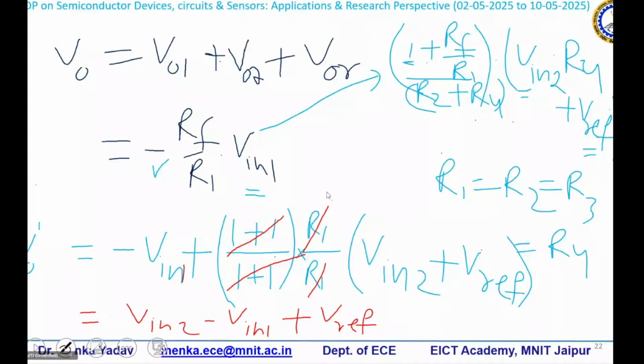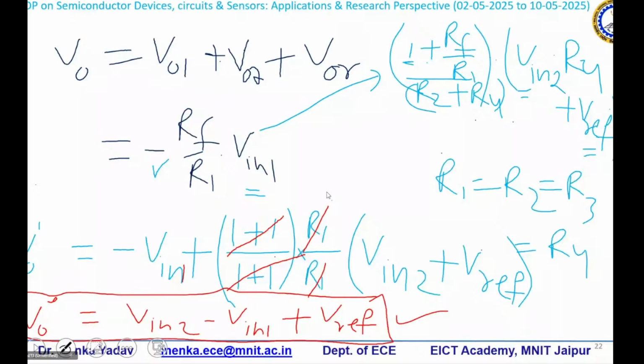So this is what you will have when you put the special condition that R1, R2, R3, R4 are all equal.